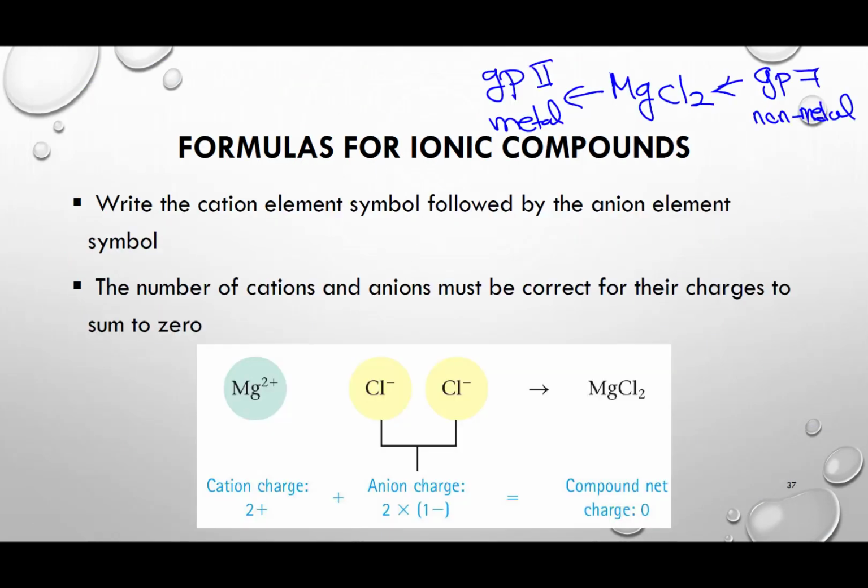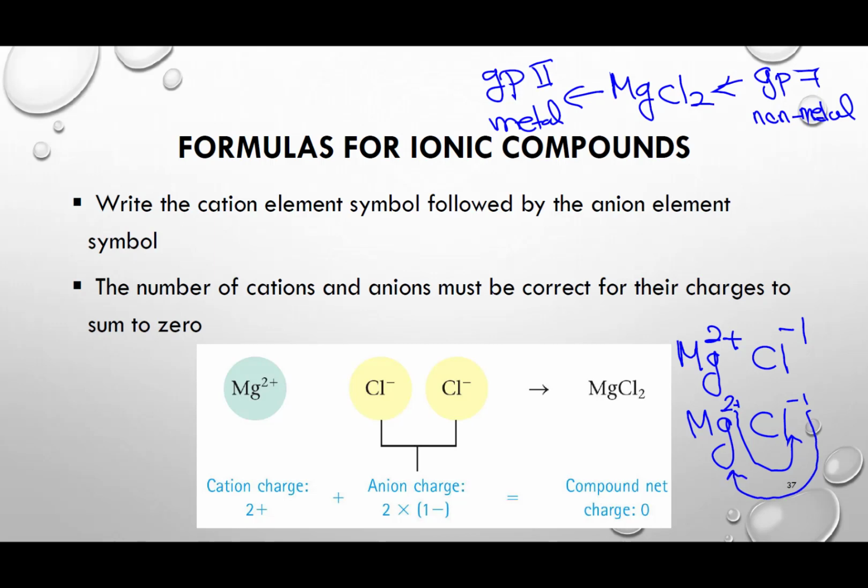Okay, then the way that we write it, since you know magnesium is +2 and chlorine is -1, what happens is that the cation's charge, which is +2, goes as a subscript on the chlorine without the charge, and the charge on the chlorine goes as a subscript on the magnesium itself without the charge.